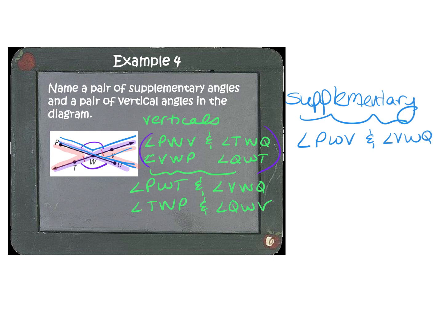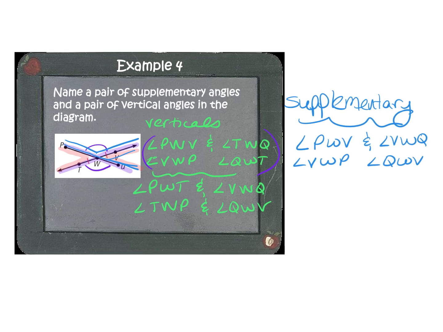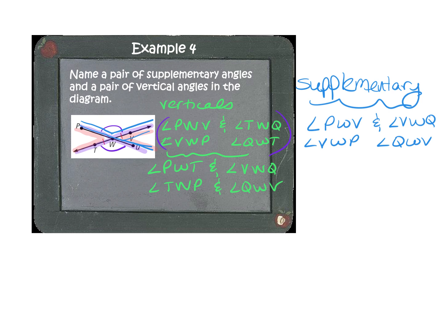So I could say angle PWV together with angle VWQ. And again, you can name it in reverse, VWP, or this one in reverse, QWV. So this is your first pair of supplements. Now, we could also keep going around. So then I could come over here and grab the one I just used, with this one.